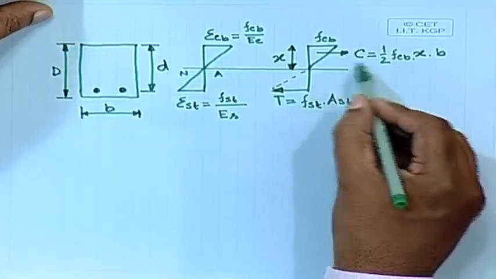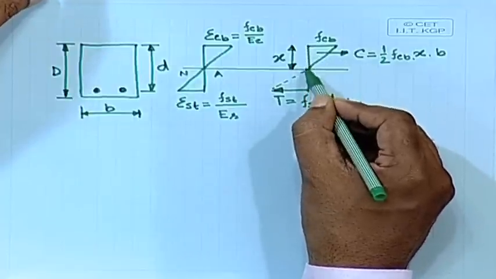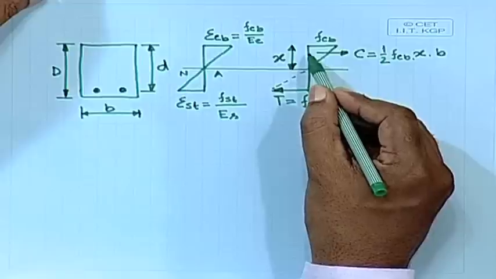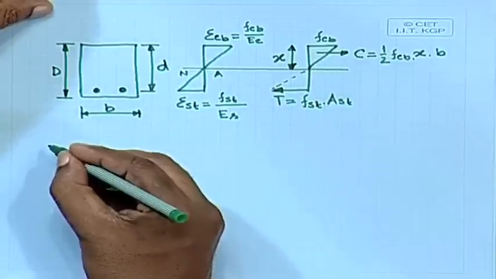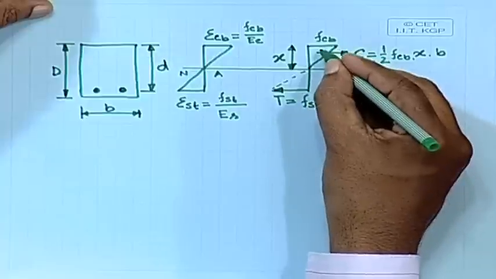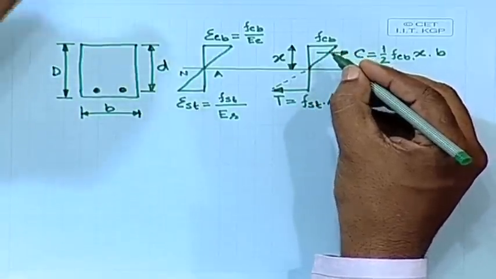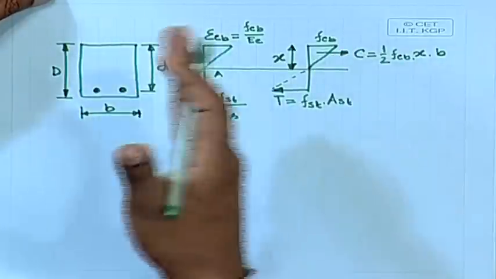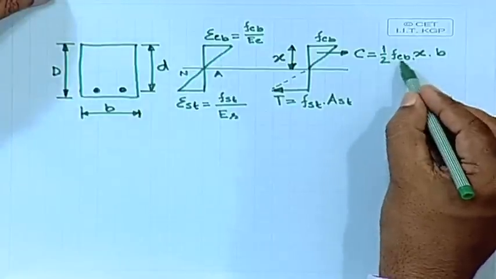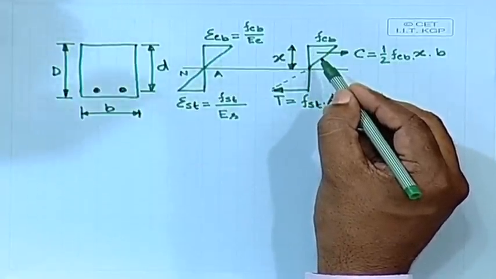So, we are considering the concrete, the compressive force will be equal to the area of this triangle, and actually this is a triangular wedge type. That means along the depth also you will get it. So, half FCB times x, or triangular prism to be more specific.